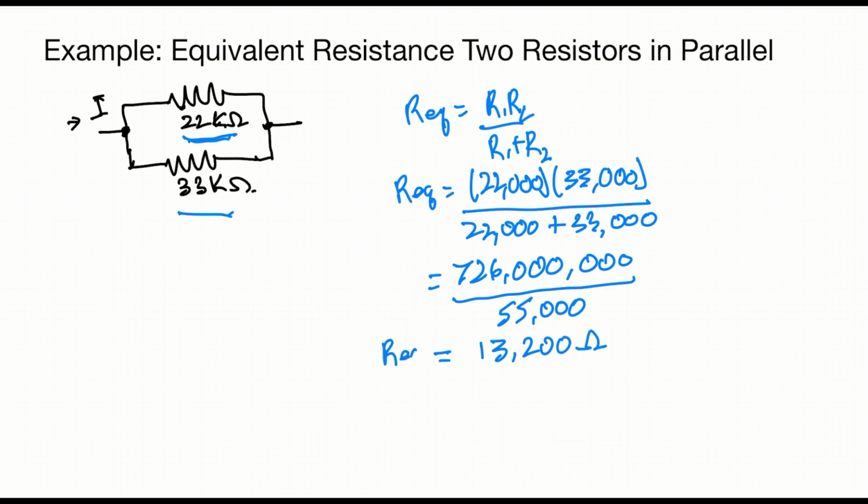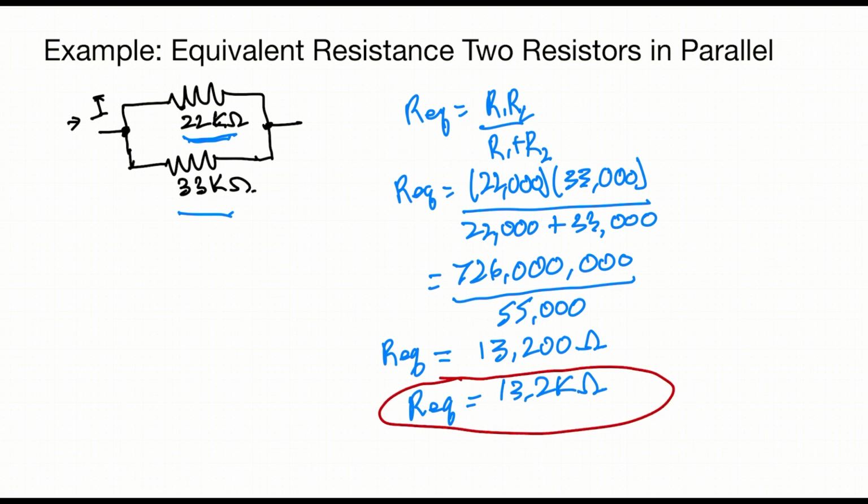That's R equivalent. So R equivalent now is 13.2K ohms. We can always check: when we have two resistors in parallel, the equivalent resistance is always less. So the 13.2K is less than the smallest resistor in the circuit.